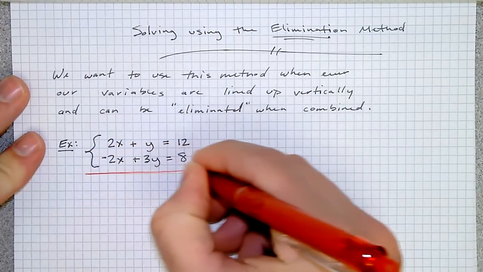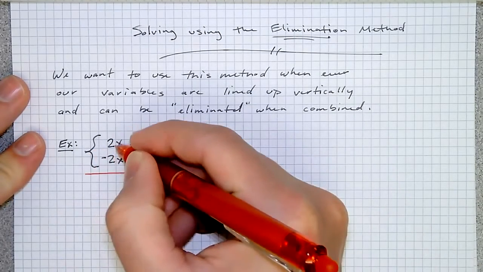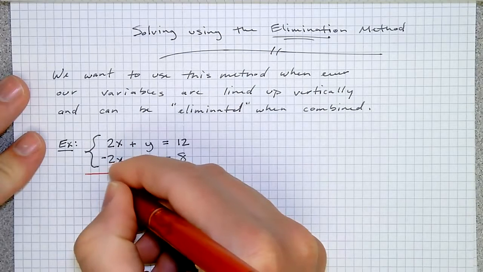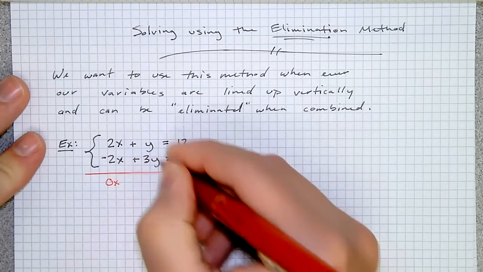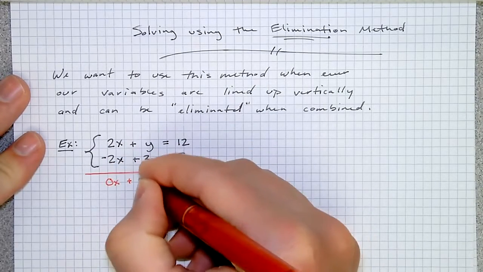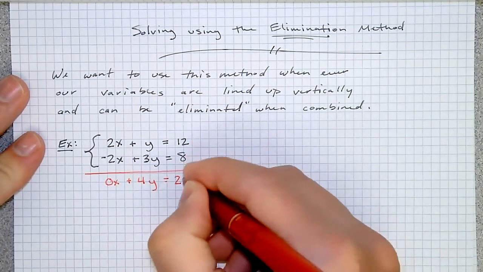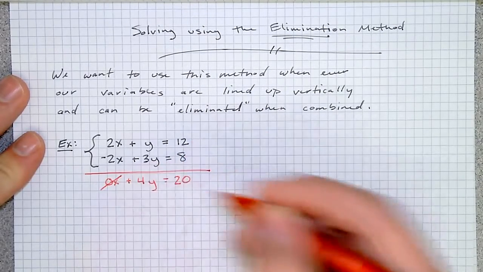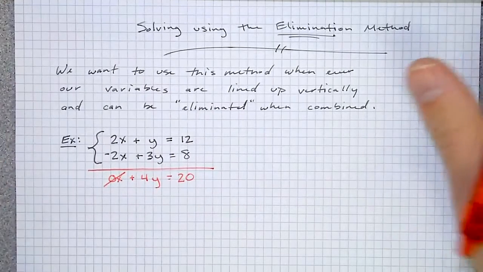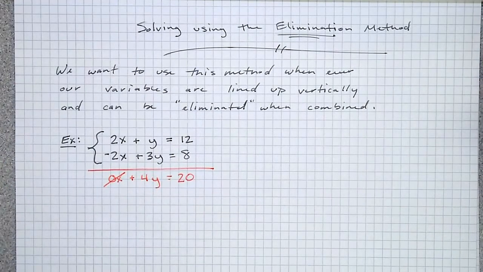So if we combine them, 2x and negative 2x is 0x, y and 3y is 4y, 12 and 8 gives you 20. And now we're just left with 4y equals 20.